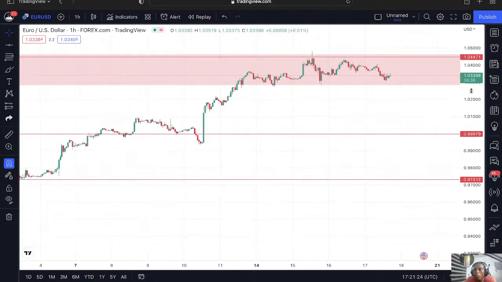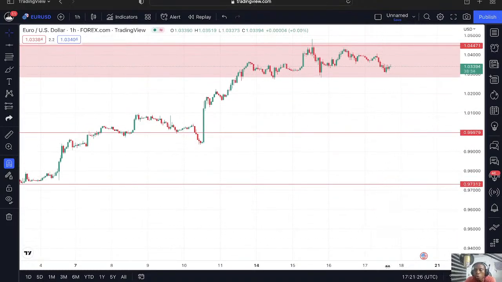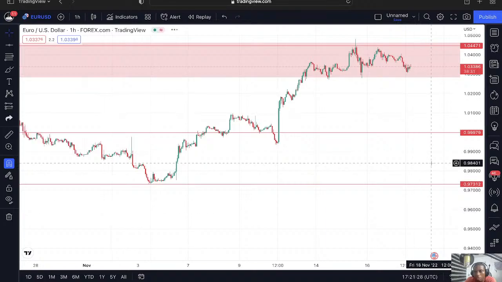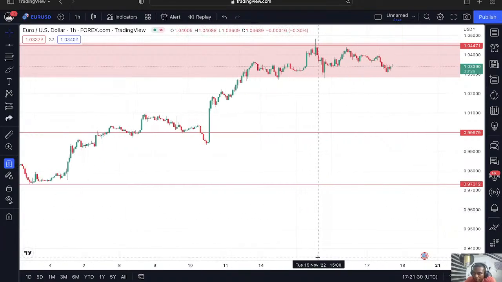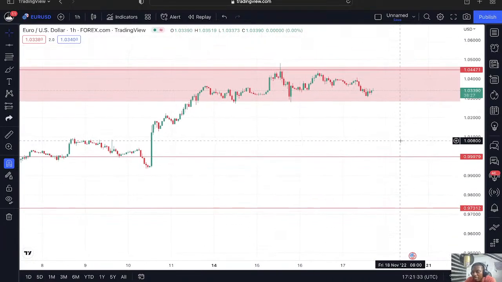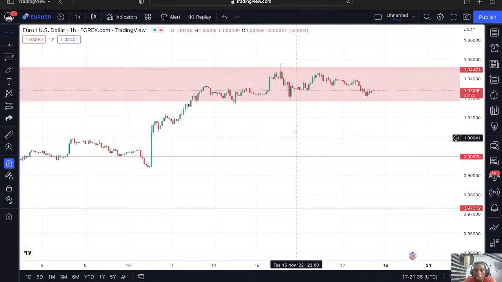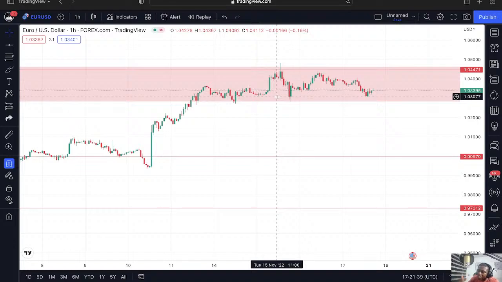So why is it important for you to look at lower time frames in comparison to higher time frames? It's also part of the multiple time frame analysis, because the lower time frame gives you insight into what is currently happening in the shortest period of time.